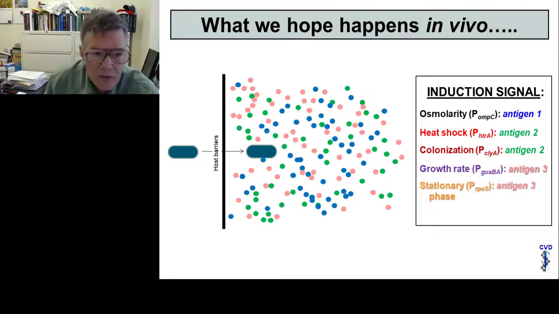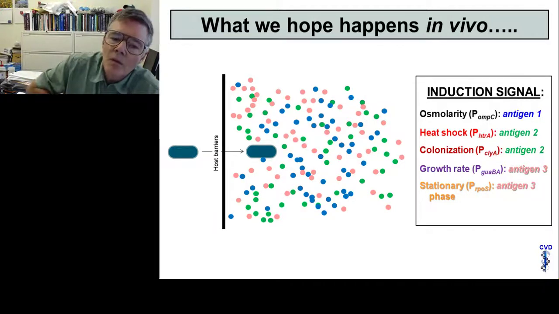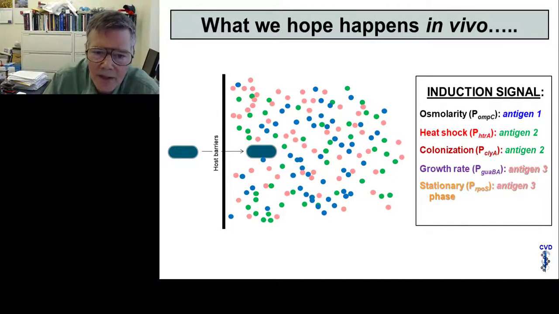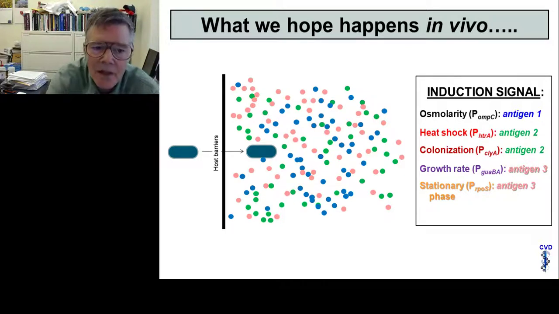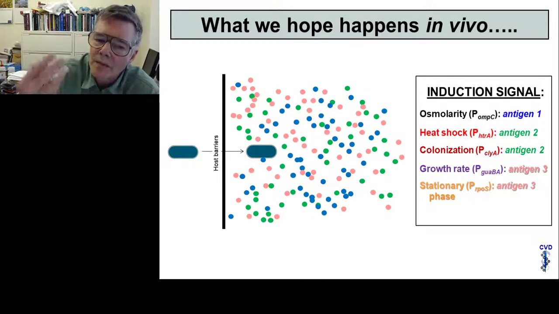So you can see after oral immunization, we can envision a situation where, when the organism reaches the gastrointestinal tract, the stomach, you get osmolarity induced expression for antigen 1. If you had antigen 2 integrated into the HTRA locus, you may also have a heat shock response when it hits that acid barrier. So you can see more antigen being expressed.